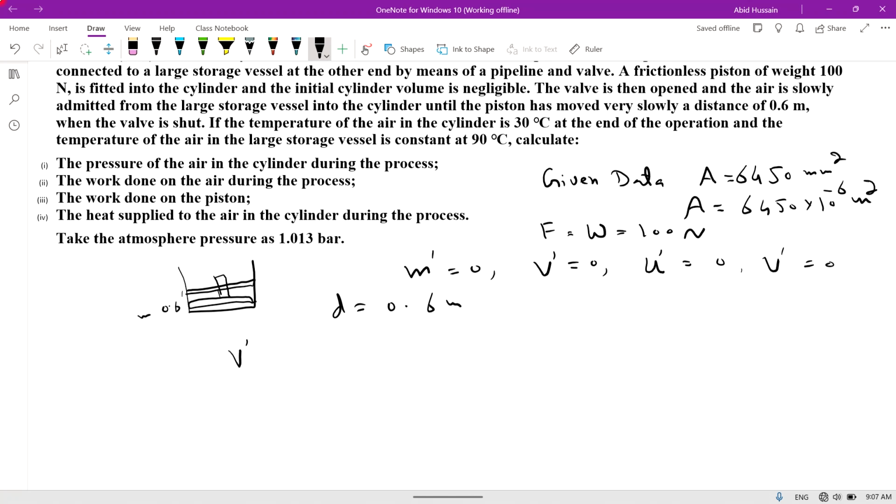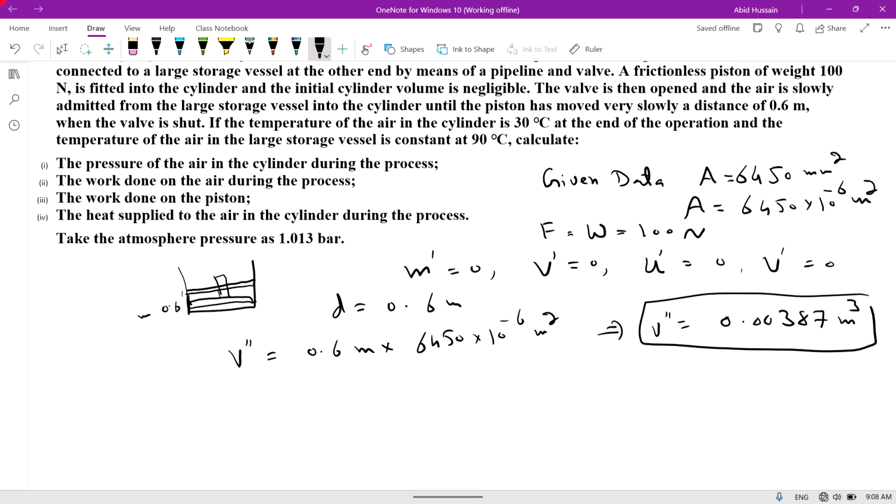It means that the final volume is 0.6 meter, this length, multiplied by this area, 6,450 multiplied by 10 power minus 6 square meter. So the final volume will be equal to 0.00387 cubic meter.